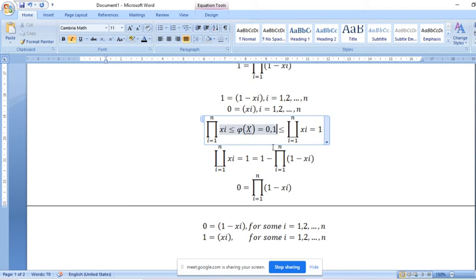For another example, suppose in the radio system x1, x2 and x4 are 1, and x3 and x5 are 0. Then the amplifier will be in failed state, so we cannot ensure the functioning of the radio system, and phi of x will be 0.